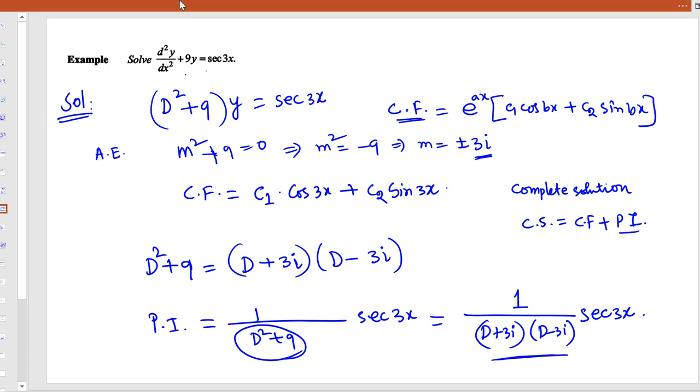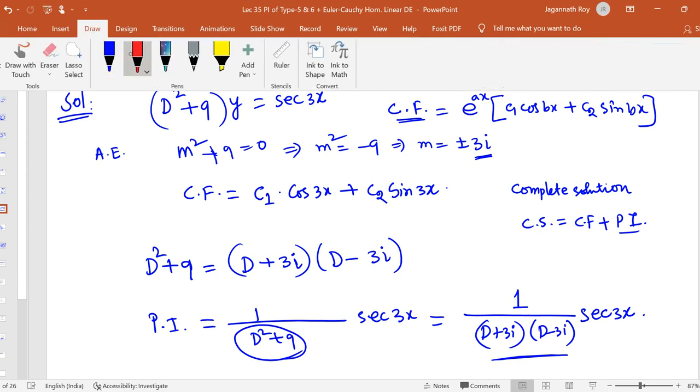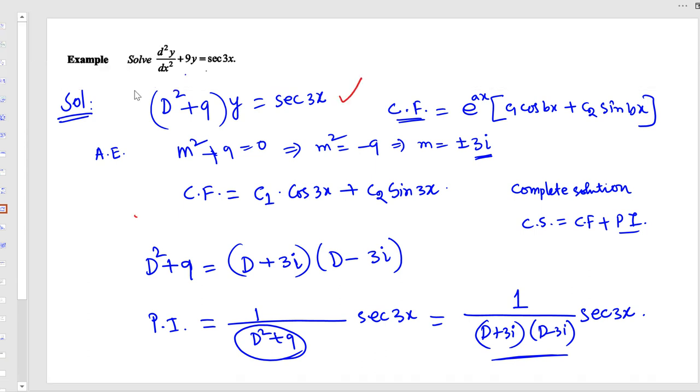Now, if you try to look at the problem, what is happening actually? So this is our problem. Although we can write it as 1 upon cosine 3x, this is not any of the other cases. That is why you put it into the linear factorization. So from the auxiliary equation you find out the values, then you make it into linear factors.